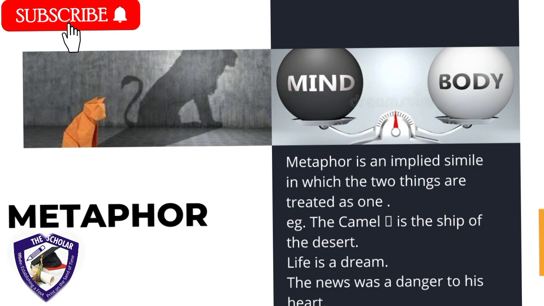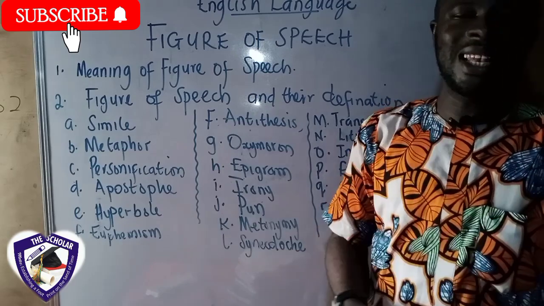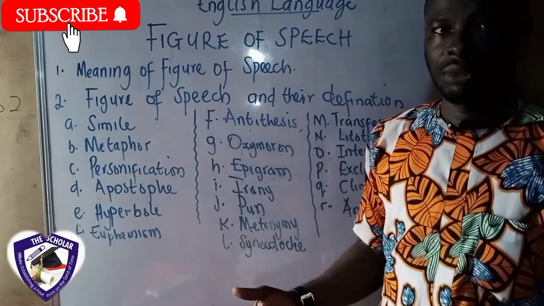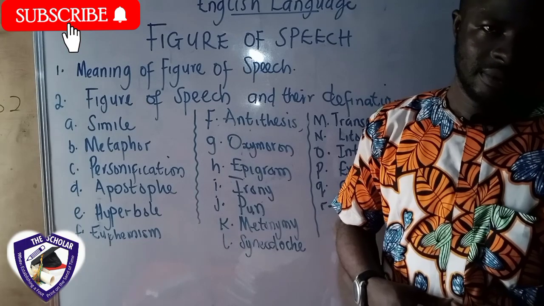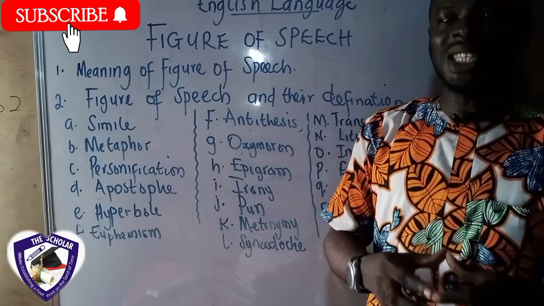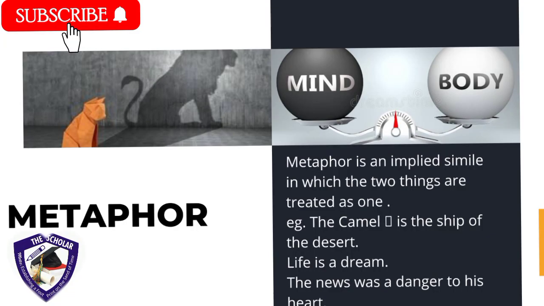You will see that two things are treated as one, life and dream. So we can also say that the camel is the sheep of the desert. So the camel and the sheep are two different things, but we're treating them as one, that the camel is the sheep of the desert.